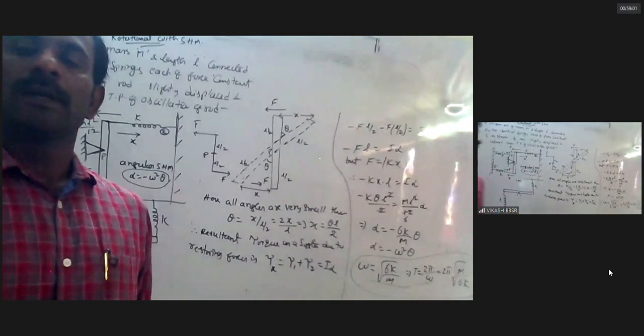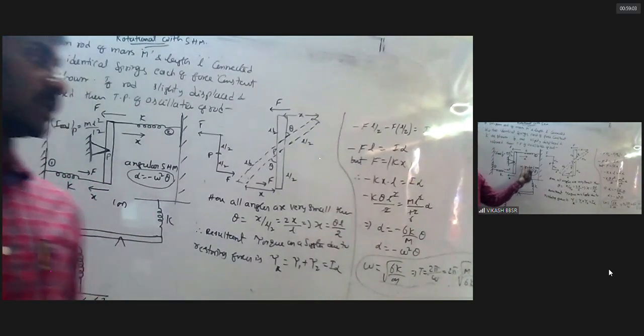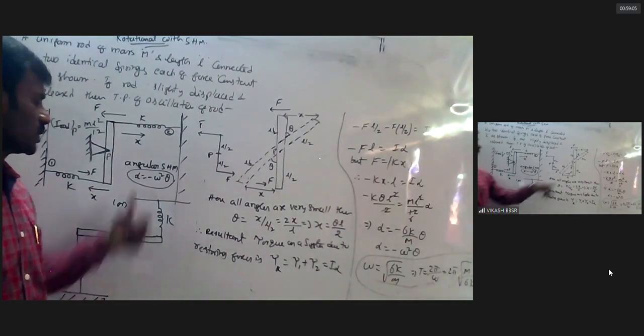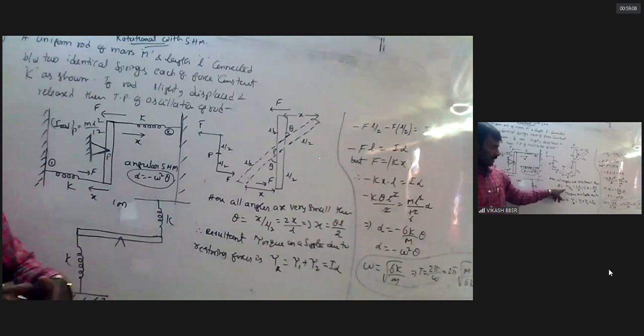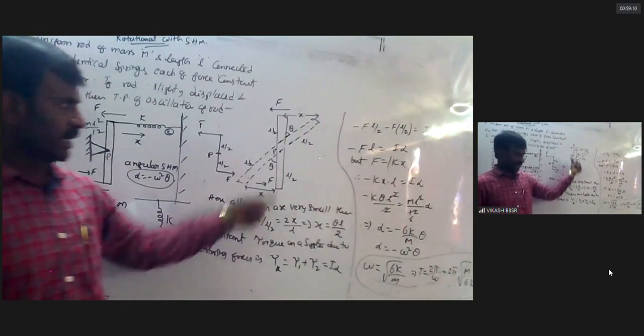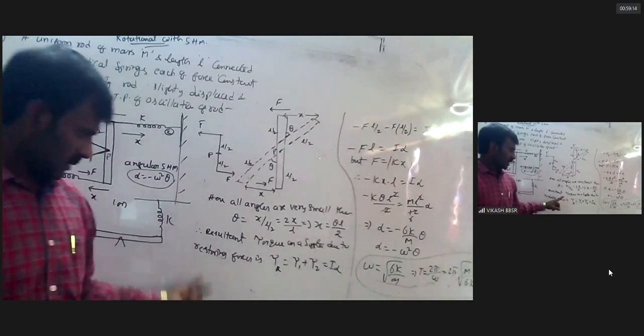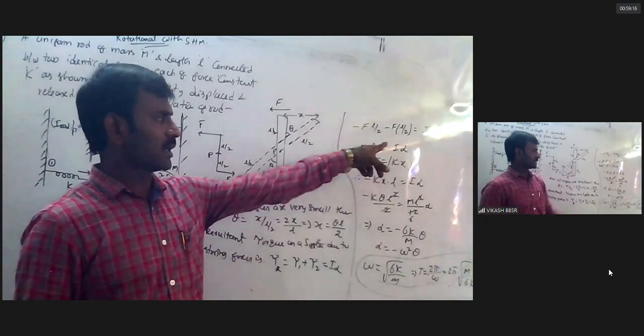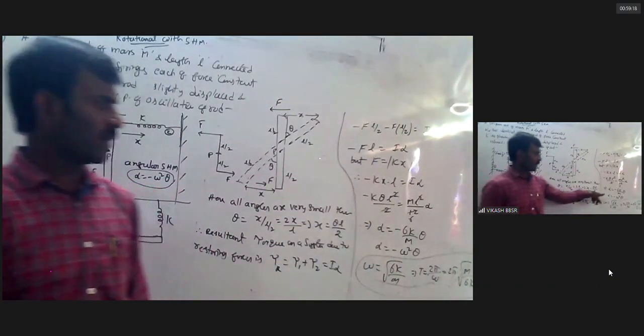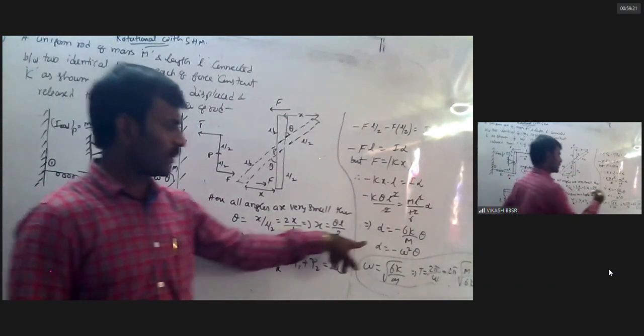That is how we approach this question, step by step. First we found theta in terms of the lateral displacement, then we found the resultant torque, equated the torque to I alpha, and finally we proved alpha equal to minus omega square theta.